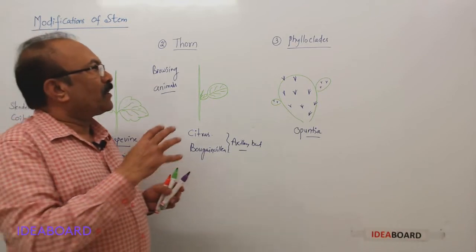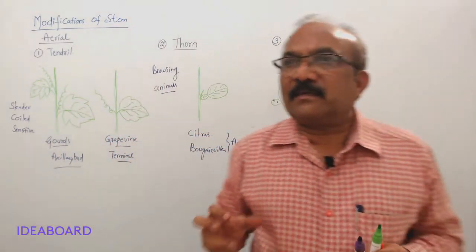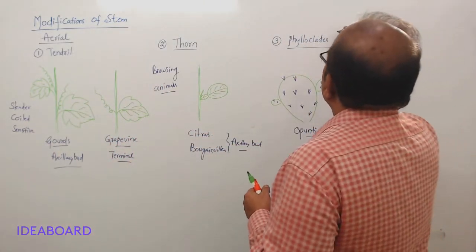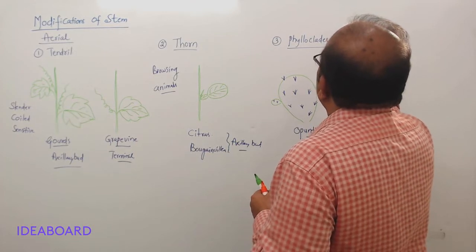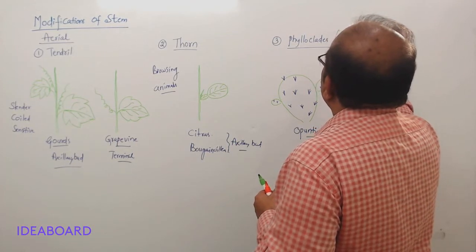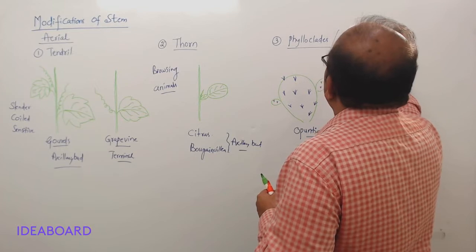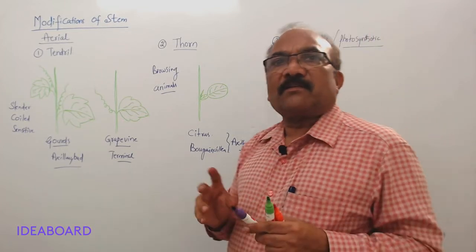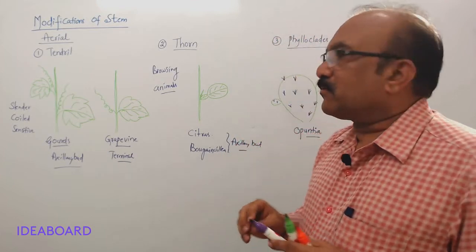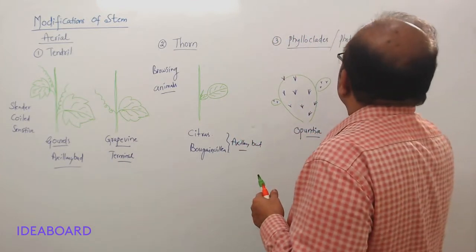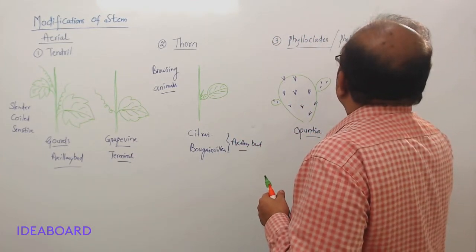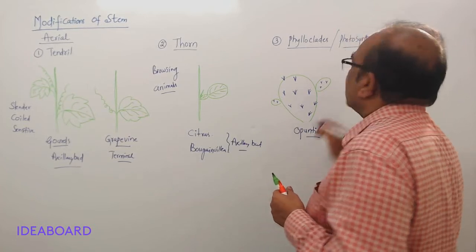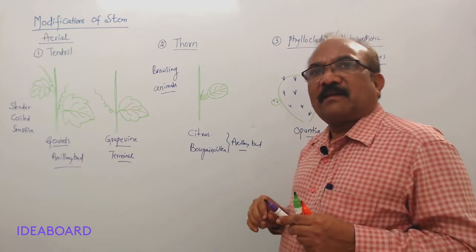Now let us come to this third one, phylloclades or photosynthetic stems. Actually, photosynthesis is the function of the leaf, and the only thing is that some plants are living in arid zones, means dry zones where there is scarcity of water.